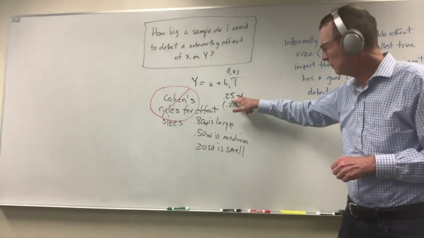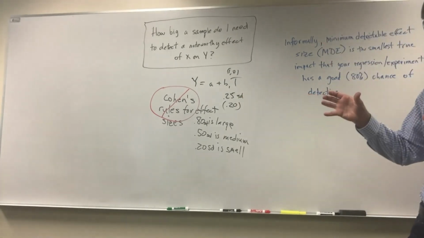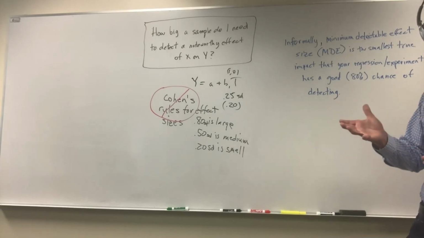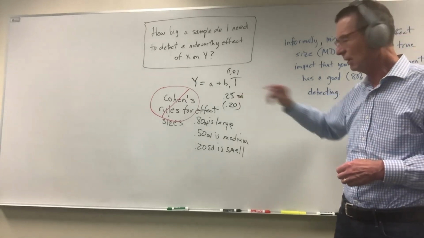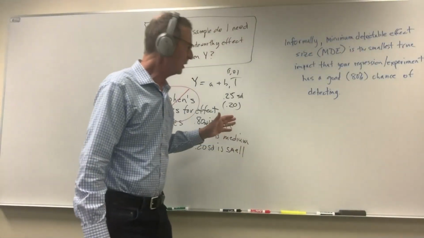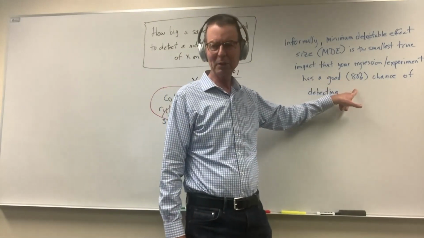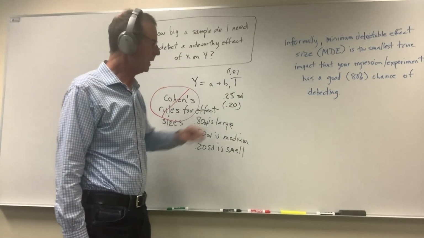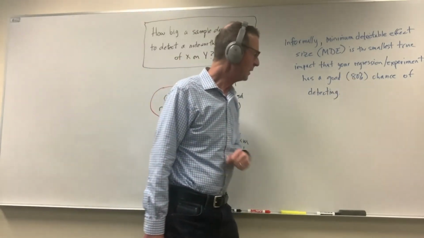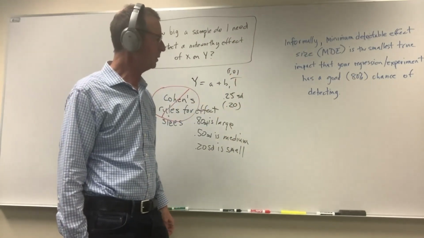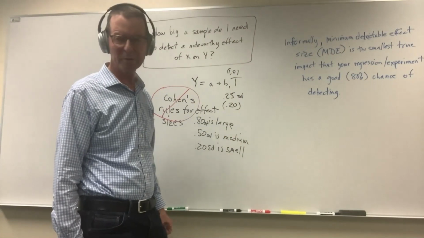So even if 0.25 is really the case, there's not a 100% chance that it's going to show up in your statistical analysis every time. There's always some chance that you, through bad luck, have drawn a sample that gives you something that's less than 0.25, right? So you want not 100% certainty, but you want a good chance of being able to detect this 0.25 impact. And as I say, good is typically taken to be 80%. You can make it 70% or 90%. It's a parameter that you can vary when you do your power analysis.